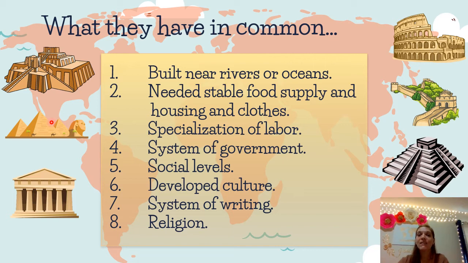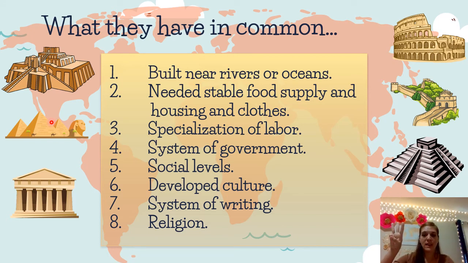They had to have a stable food supply, meaning that they had to have food coming all the time from the animals and the plants. So all these civilizations built an irrigation system. That is a system of plants where the plants are watered correctly. So they would use the rio or the océano, and they would make a system to where the plants would get the water that they needed to grow super big and be used to eat and used for the animals.